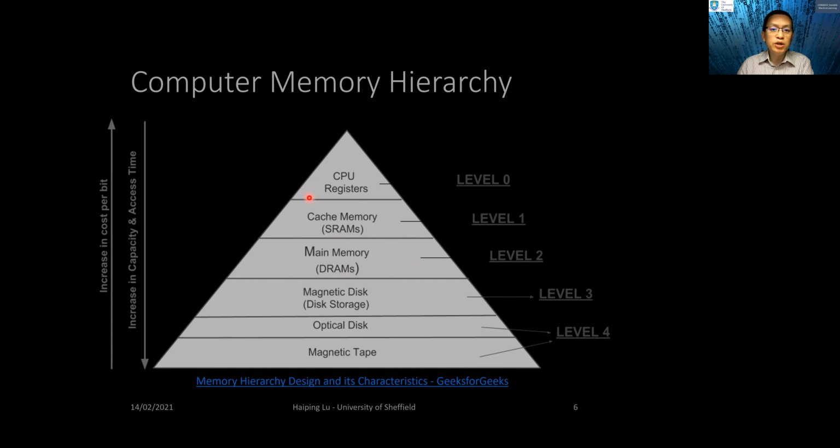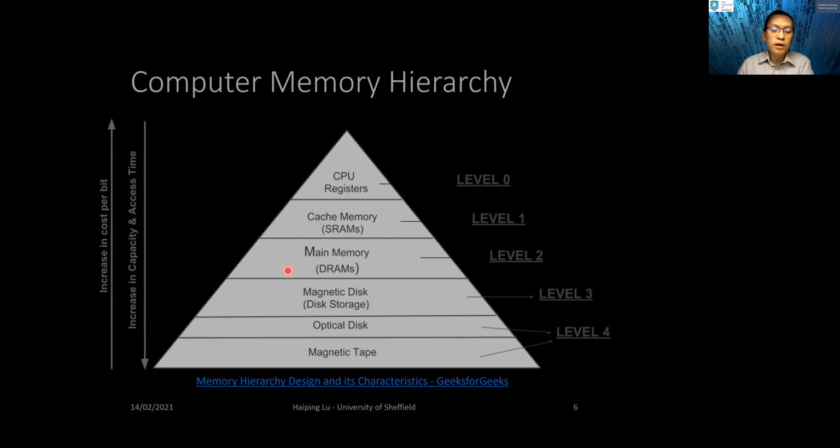So they are the CPU memory. These are the fastest, and they are also the most expensive, right? So therefore, they are typically very small. And the next level is the cache memory, right? So usually they have cache 1, cache 2. They are a bit cheaper than the CPU registers, but they are also slower.